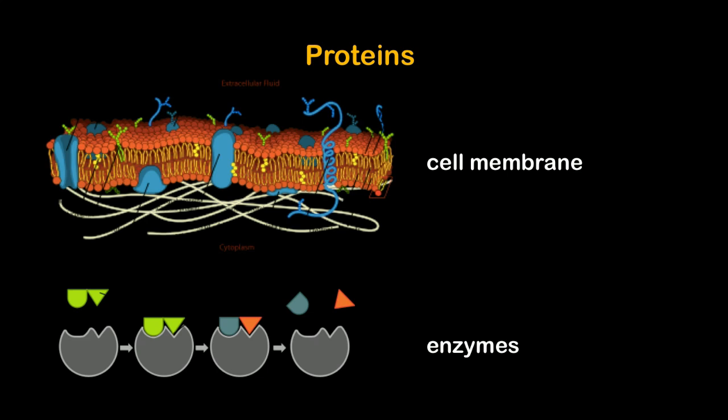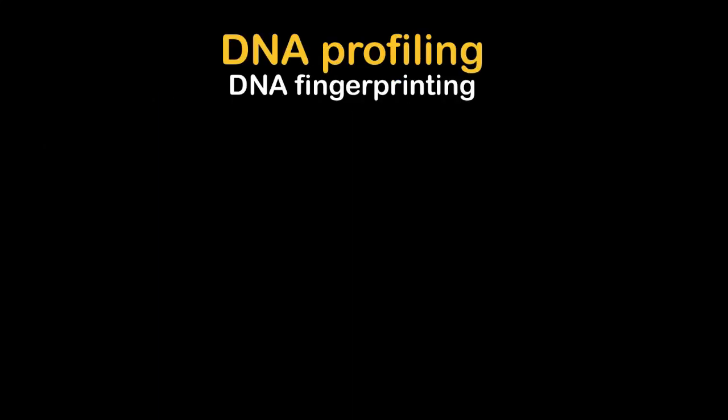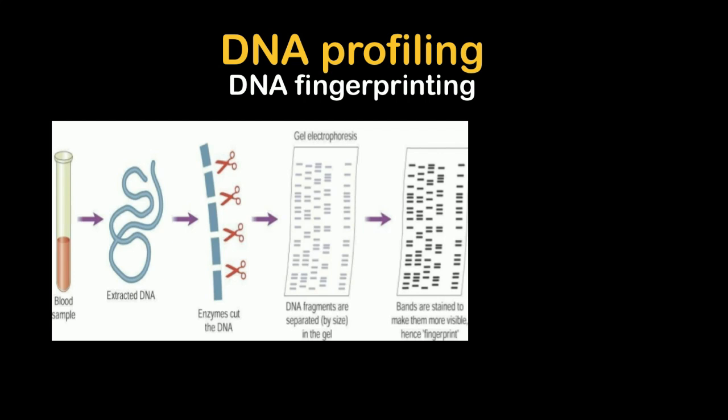Let's have a look at DNA profiling, or DNA fingerprinting as it is also called, many times used in series such as CSI, or you can find out the kinship between individuals, so who's the father, or these kinds of things. Now, how does it work? If you take a DNA sample, or a blood sample, or a cheek swab, you can extract the DNA from that, and you can add certain enzymes that cut at specific places in the DNA.